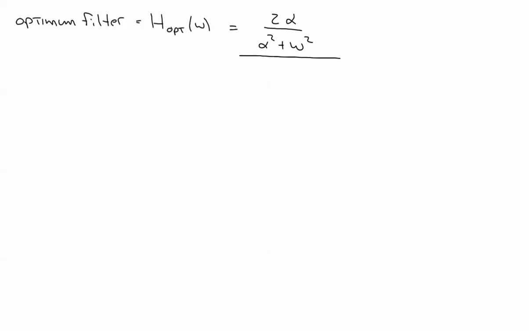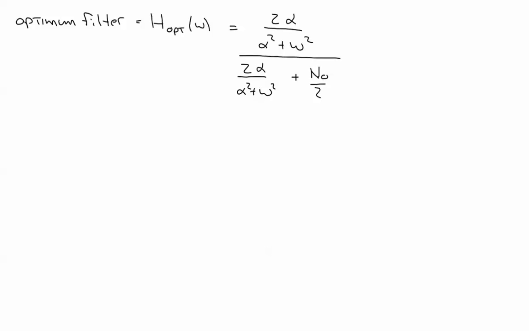The optimum filter is H optimum, and this is going to be 2 alpha over alpha squared plus omega squared, over 2 alpha over alpha squared plus omega squared plus N naught over 2.